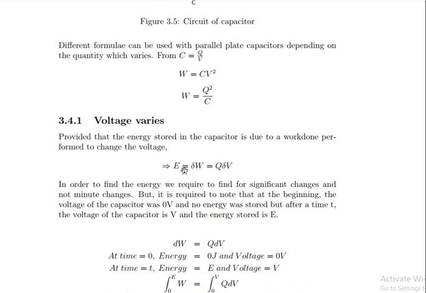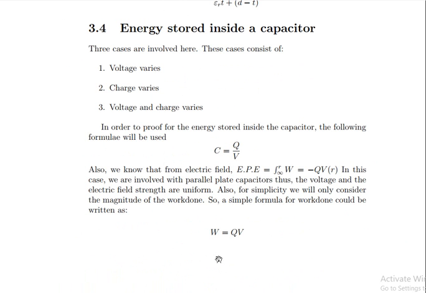When the voltage varies, we need to know from the definition of voltage that voltage is defined as the work done per unit charge, as we have seen inside the electric field.